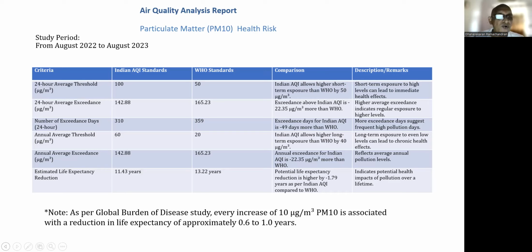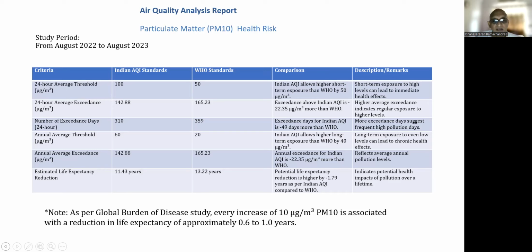The annual average threshold is 60 microgram per meter cube, while the WHO annual average threshold is 20 microgram per meter cube. The annual average exceedance is 142.88 and 165.23, and the estimated life expectancy reduction is about 11.43 years for the value shown at Punjabi Bagh, and with WHO standards 13.22 years.